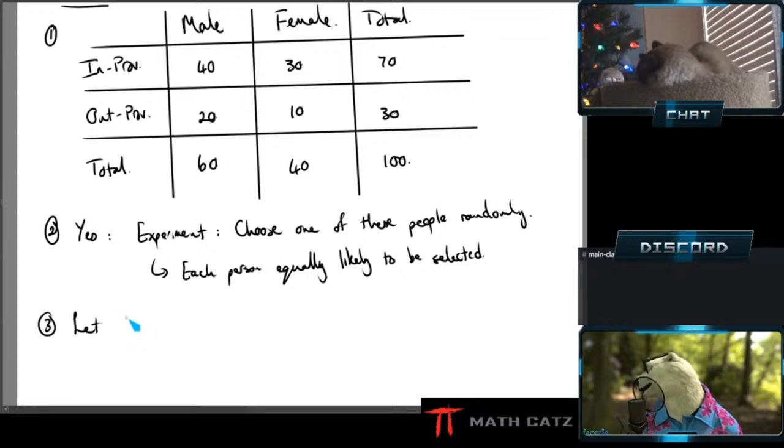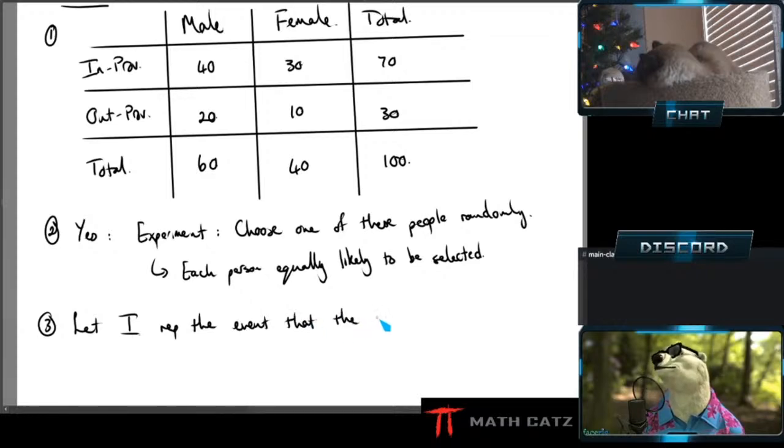I can use any letter or symbol I want. Let I represent the event that the selected student is, let's just say, in province. We all know what that means now.